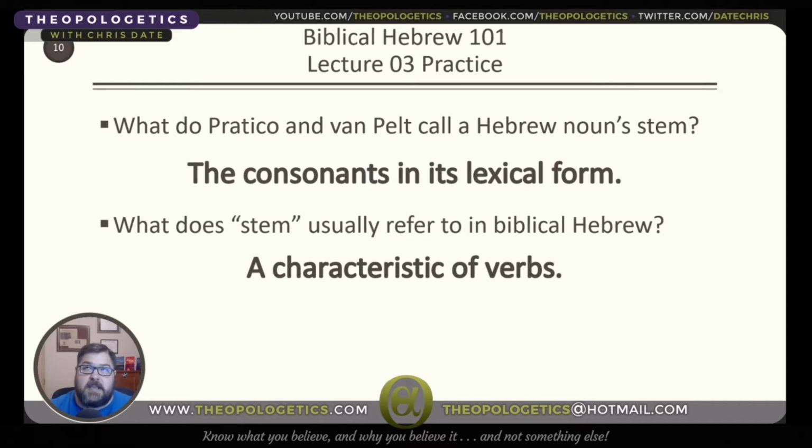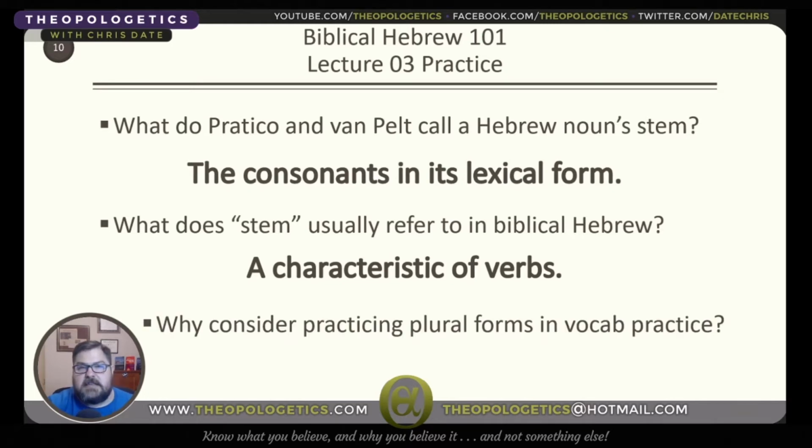Just as a little bit of a preview, the very first stem of verbs that you will be learning is the qal stem, Q-A-L. And then after you have learned some things about verbs in the qal stem, then you'll be learning another stem and so forth. So I want you to remember that when you hear the word stem in the context of Biblical Hebrew, you should usually be thinking about a characteristic of Hebrew verbs rather than nouns.